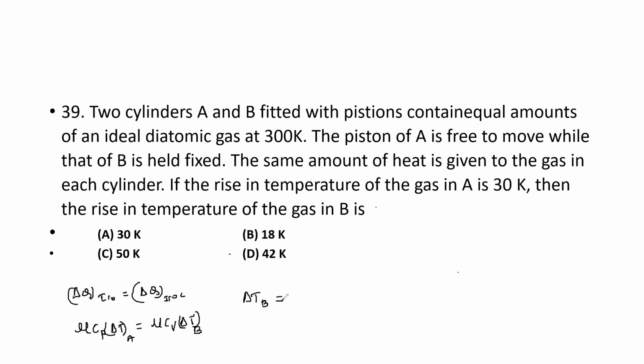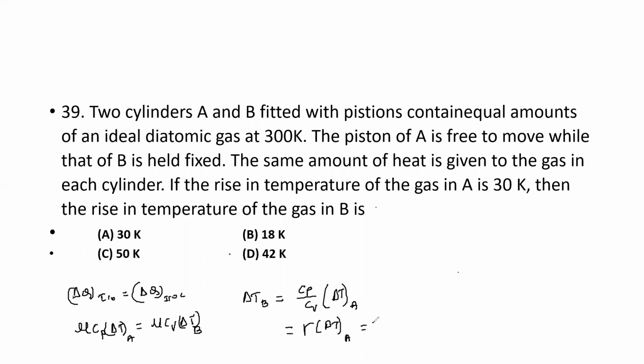So delta TB is equal to, mu will get cancelled, you are getting Cp divided by Cv into delta T of A. The ratio of Cp by Cv is called gamma. Gamma into delta T A.